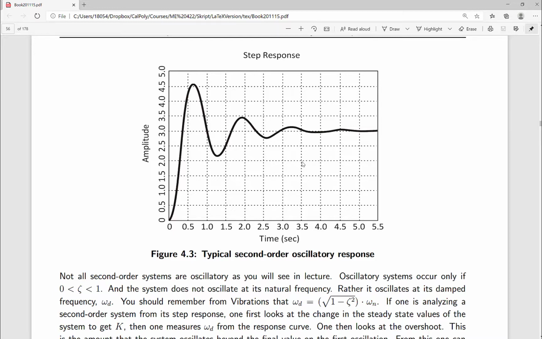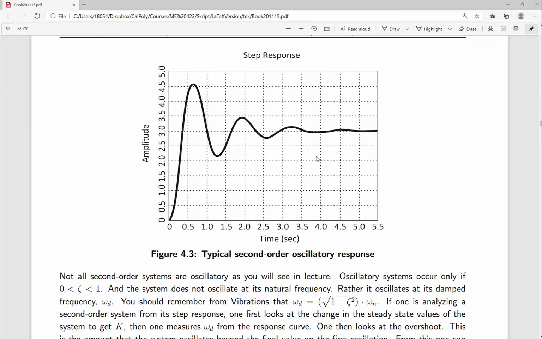You also have physical parameters in a system, like for instance an MCK system, which you can find a video about in this control series. It has three physical parameters: the mass that's vibrating, the damping, which is C, and then K, the stiffness of the spring in the system.